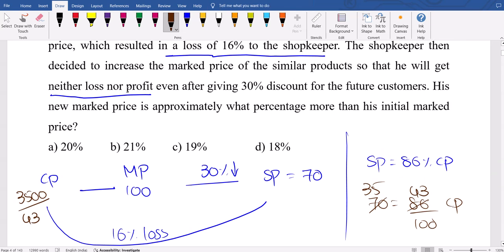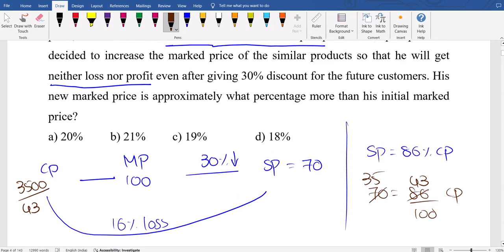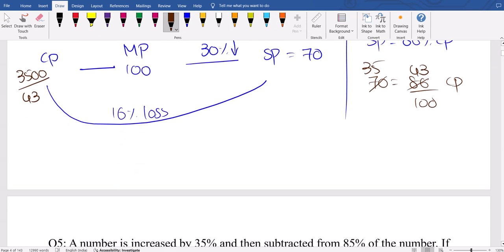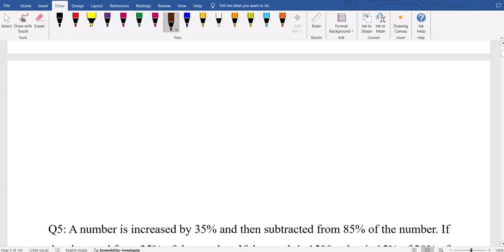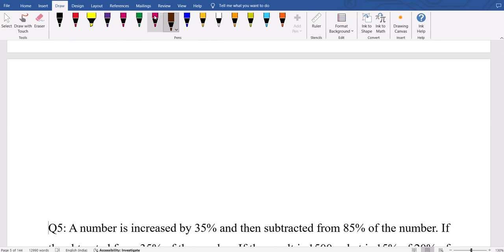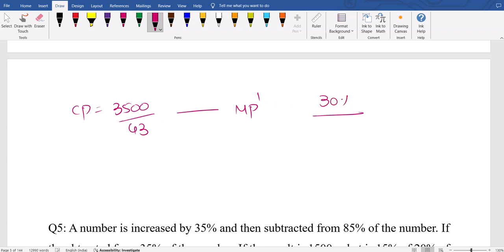Neither profit nor loss you want to get, still after giving 30% discount, so you have to change the marked price. Now the question is, what is the marked price to get no profit, no loss? No profit, no loss means the cost price is 3,500 divided by 43. What should be your marked price? Still after giving 30% discount, selling price and cost price both must be equal.